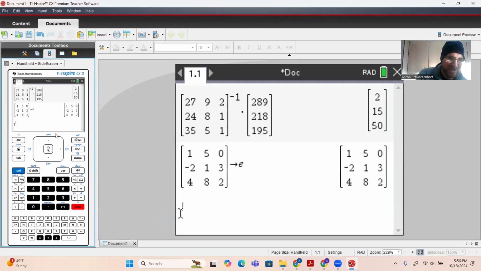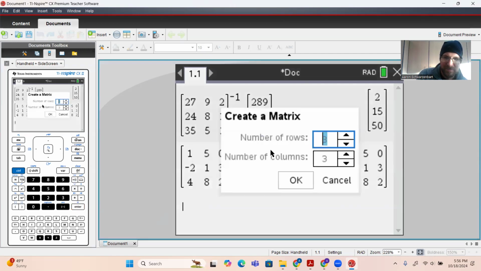I'm going to do matrix M now. I do need to get it to 3, 4 columns.